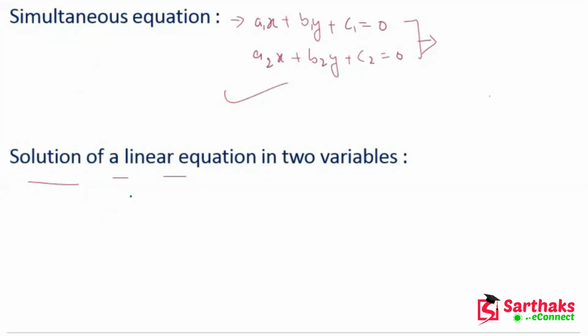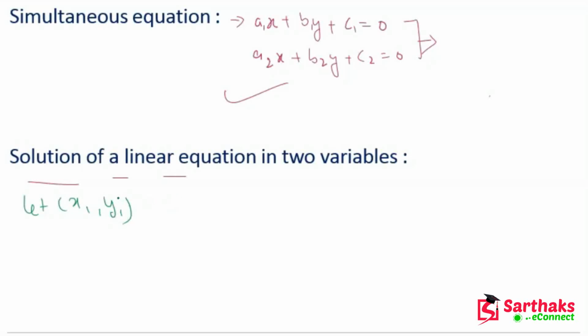The next topic is the solution of a linear equation in two variables. The solution of a linear equation in two variables is the point which satisfies that linear equation. Let's suppose (x1, y1) is the point.